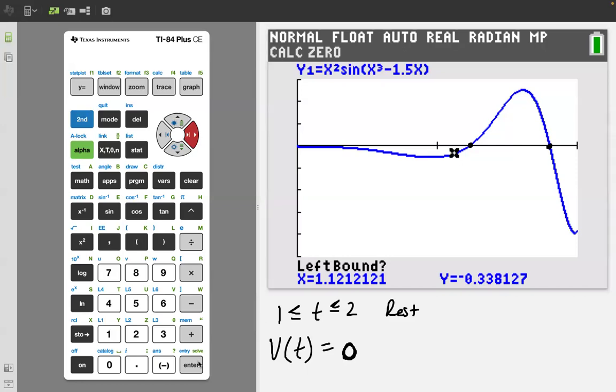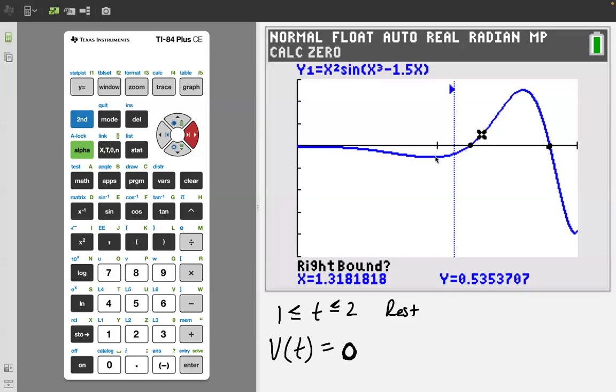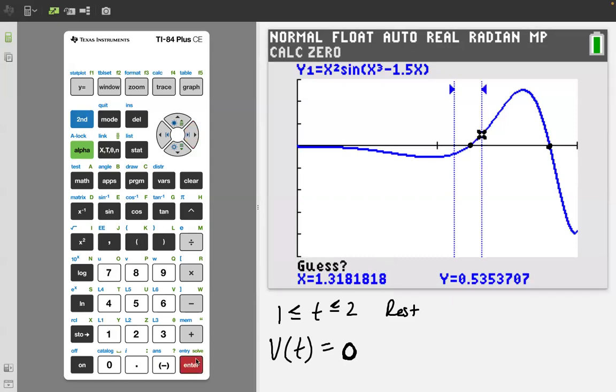You click enter. Right bound means you move the cursor clearly to the right of where you're looking at this 0 or x-intercept. You hit enter. And guess means you put the blinker right where you think it should be, enter, and there is your 0 or time when there's 0 velocity, meaning the bug is at rest.